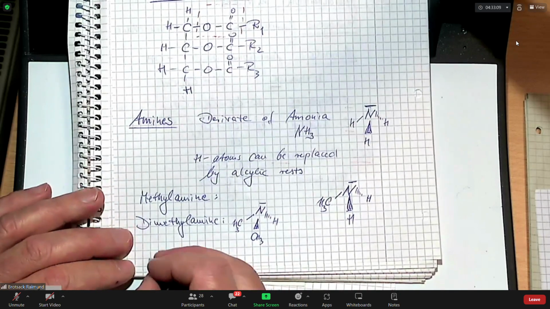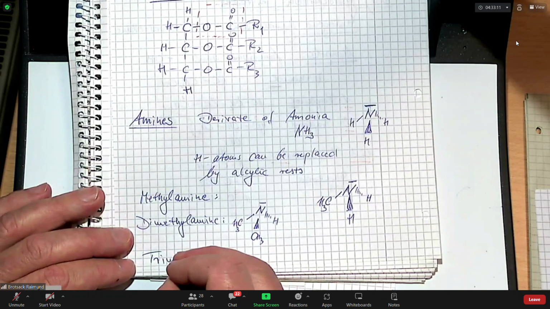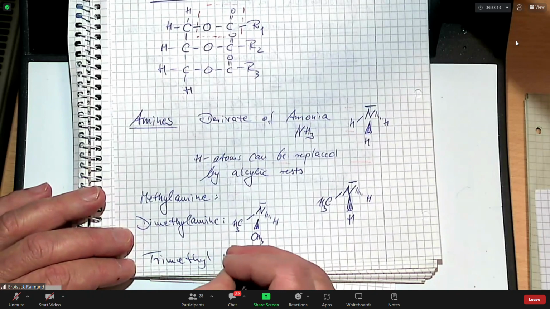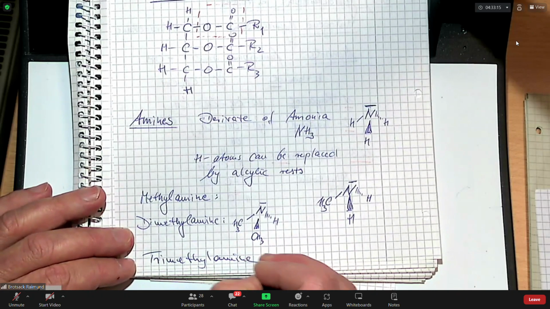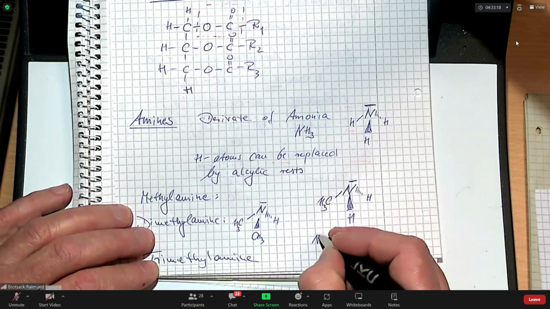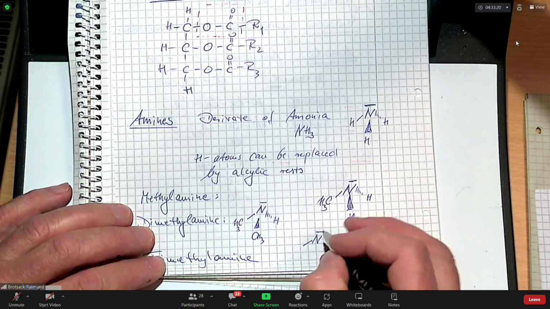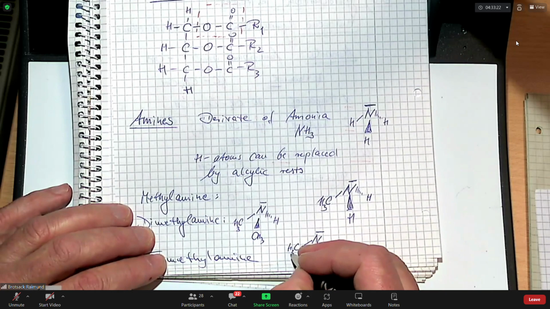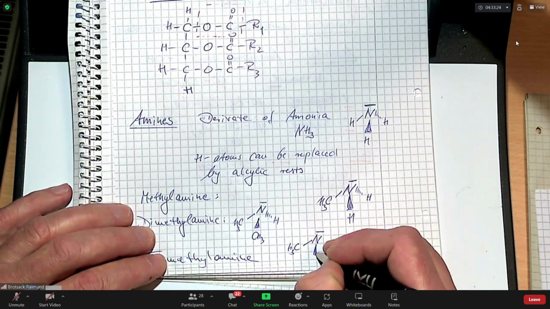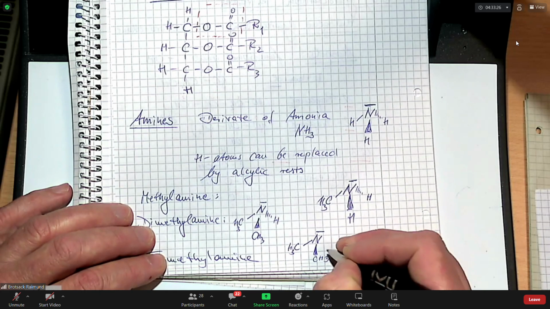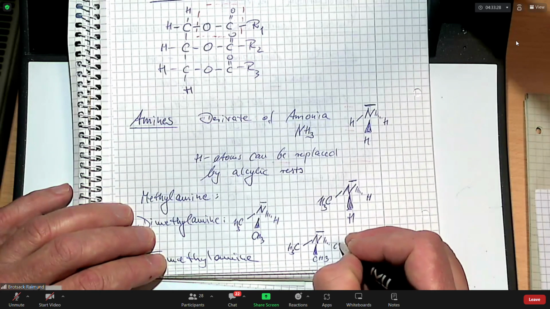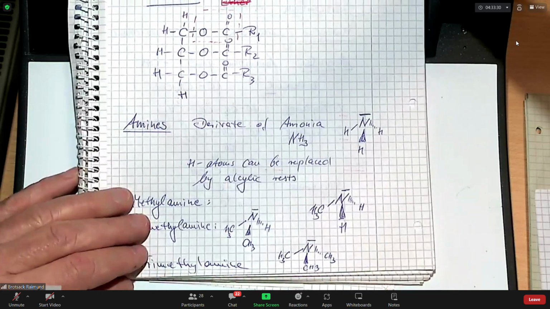And trimethylamine, of course, this one has 3 methyl rests or groups. That's trimethylamine.